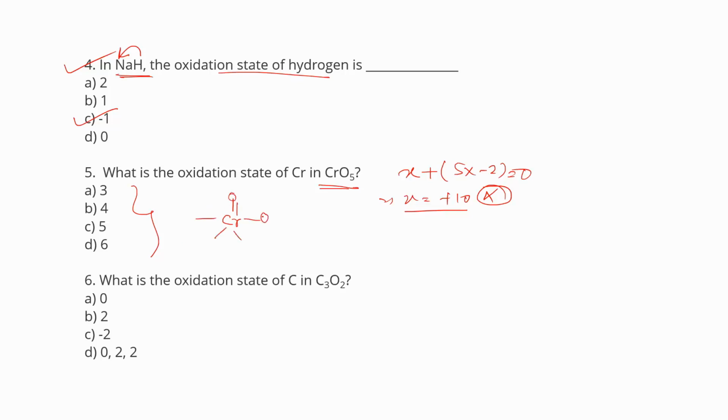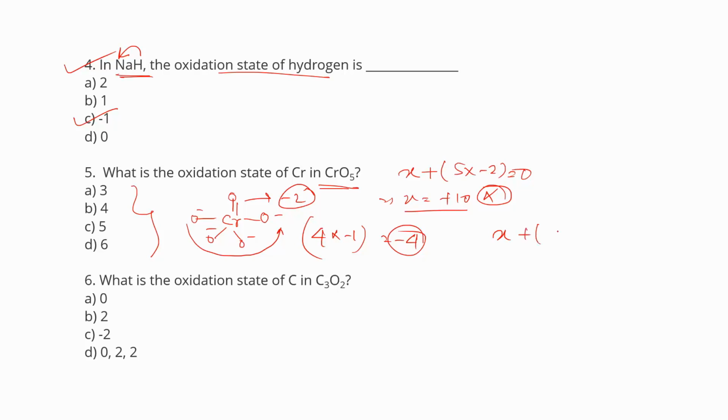Oxygen, oxygen minus, oxygen minus, oxygen minus, oxygen minus. So here 4 oxygens are giving -1, total -4, and 1 oxygen is giving -2 charge. Suppose we consider the oxidation state of chromium to be x.